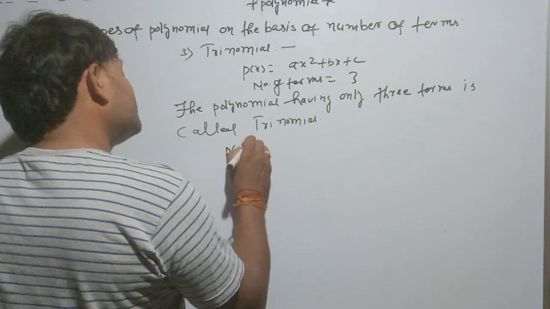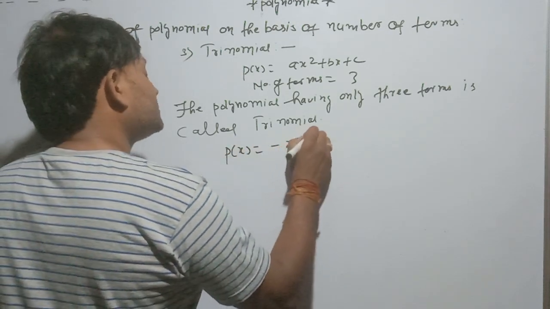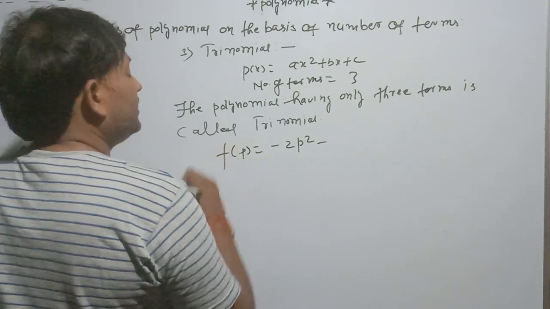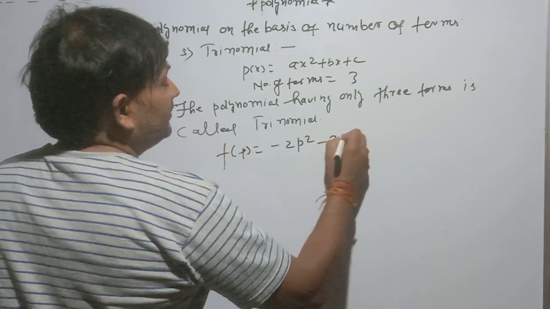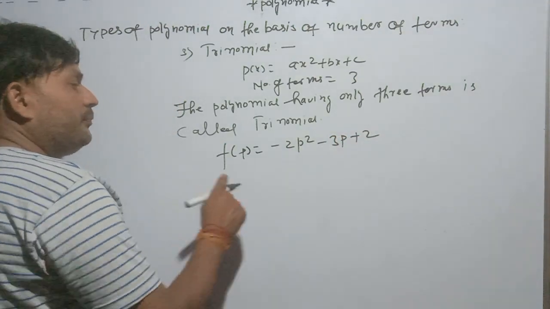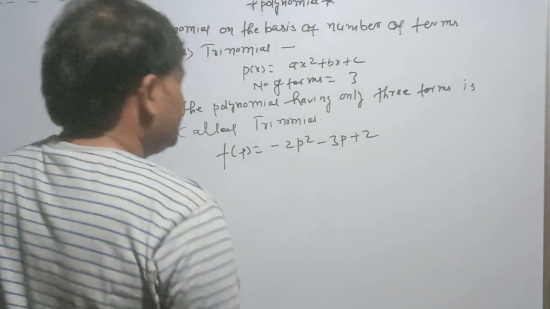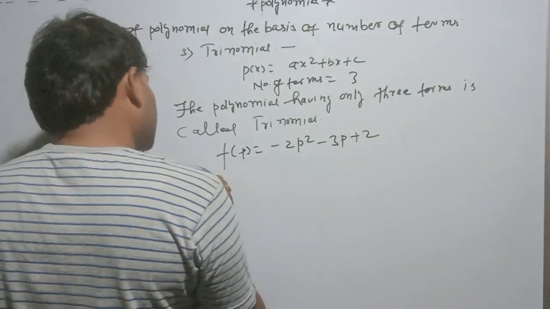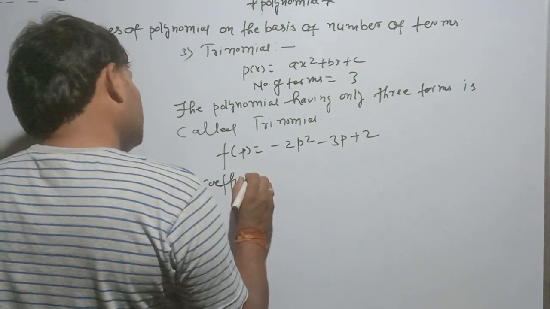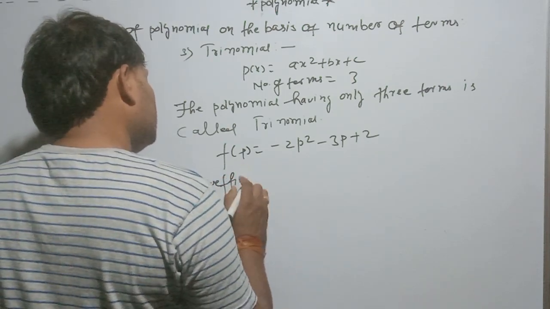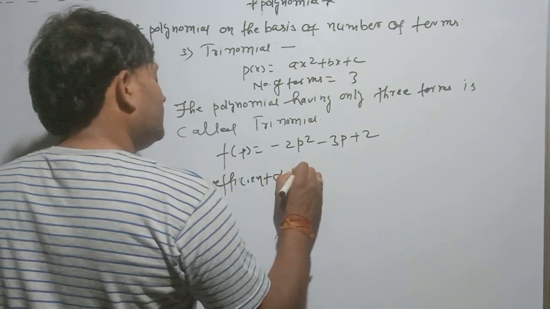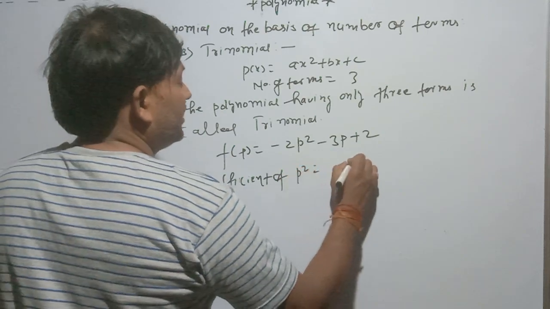Suppose that p(x) is equal to minus 2p square. So here we can write f(p) = 2p square minus 3p plus 2. You can take the variable p also. So if you write what is the coefficient of p square, you can write minus 2.